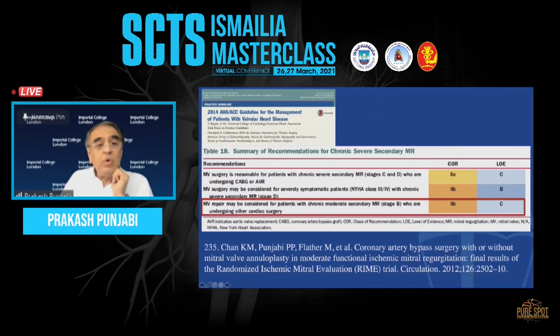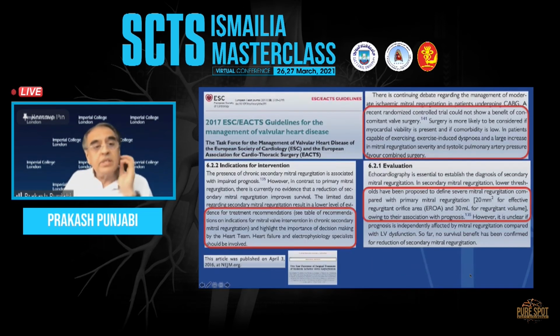Now, what happened was, this was then used as a reference in the 2014 AHA-ACC guideline, reference 235, that led to the recommendation of 2B that mitral valve repair may be considered in patients with chronic moderate secondary MR who are undergoing other cardiac surgery.